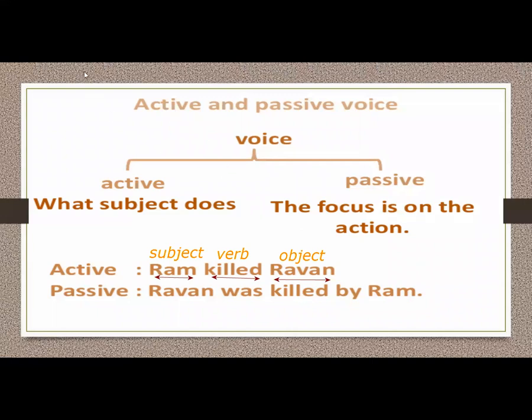auxiliary verbs are was and were. So was is used for a singular subject, that is, the passive will be "Ravan was killed by Ram." Let me again write the formula over here.